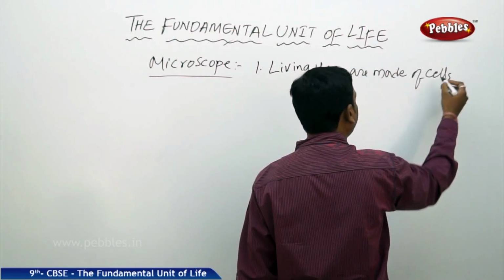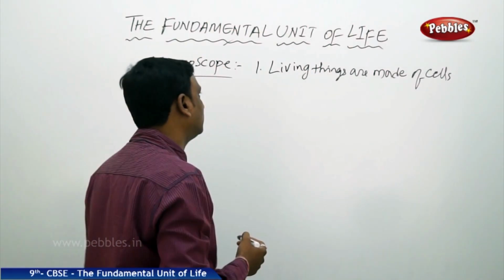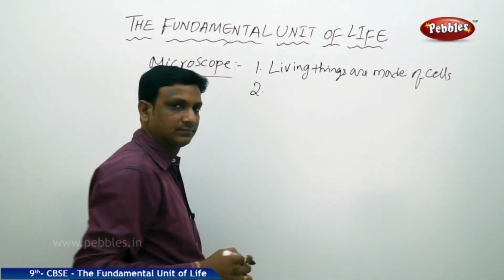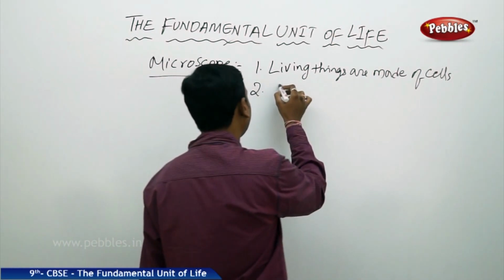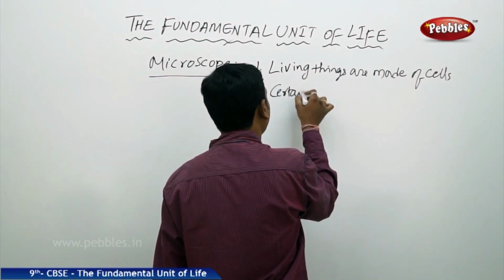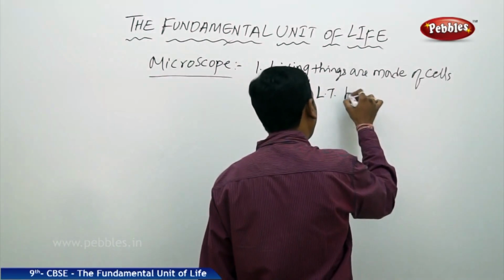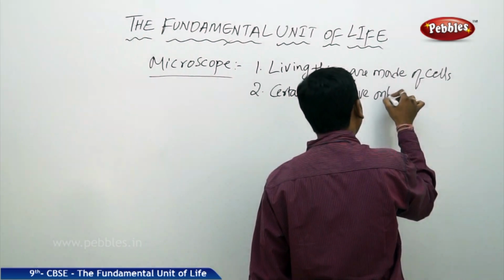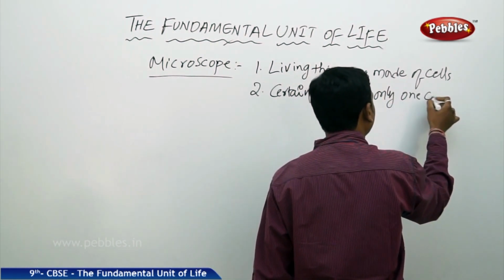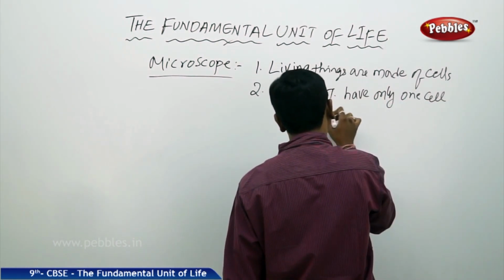So this is the first thing which we discussed so far. What is the second thing? Certain living things have only one cell throughout their life.